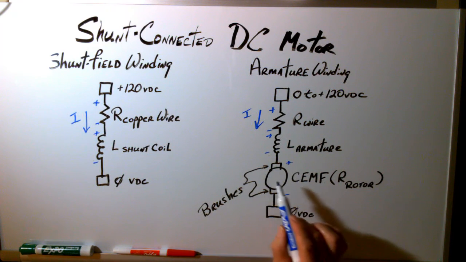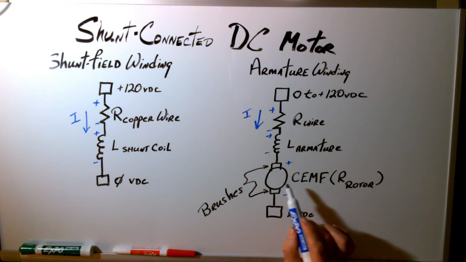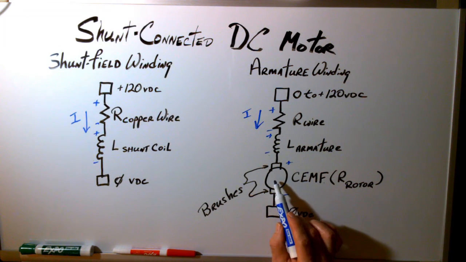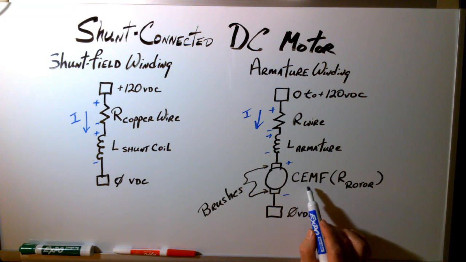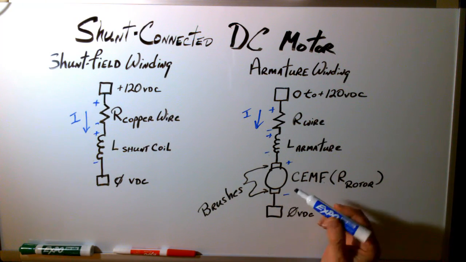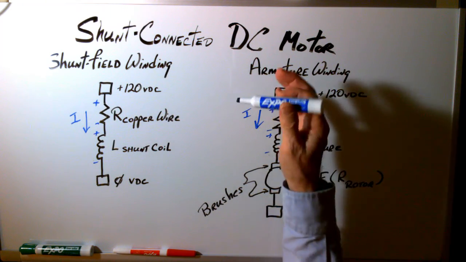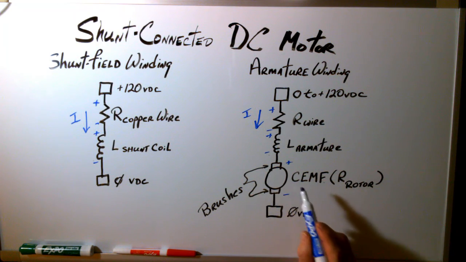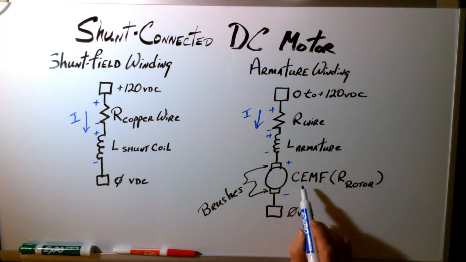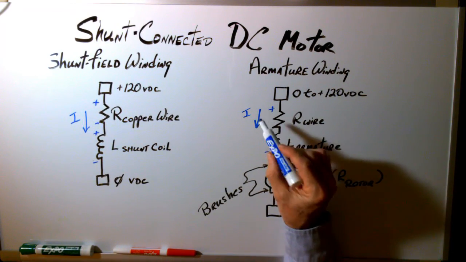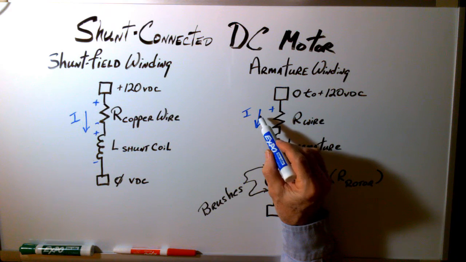The higher the speed of the rotor, the higher the counter EMF. The lower the speed of the rotor, the lower the counter EMF. So if the counter EMF is high, it squashes the amount of current coming through here. If the mechanical load on the rotor increases and slows this rotor down, then you will see a phenomenal increase in the armature current.